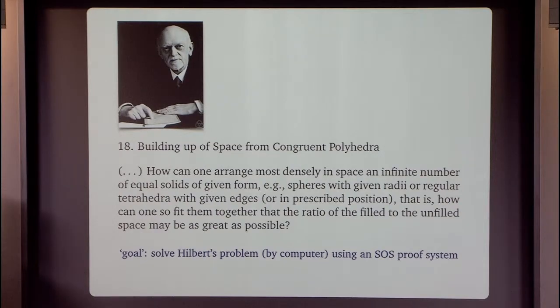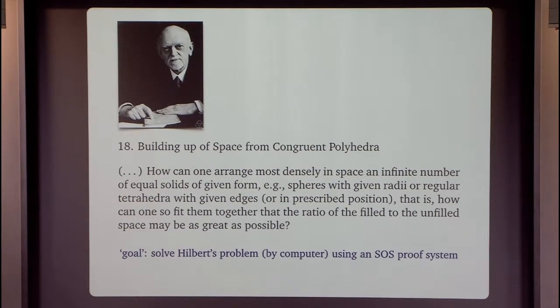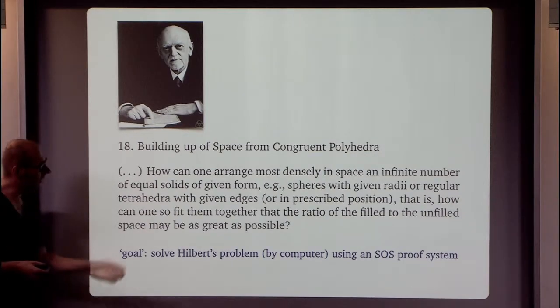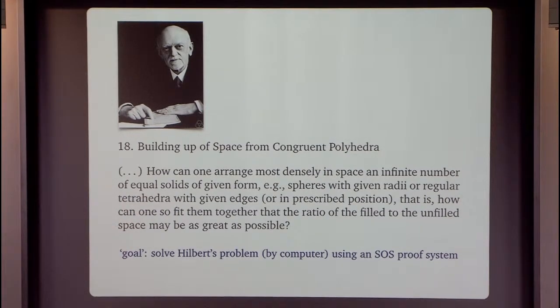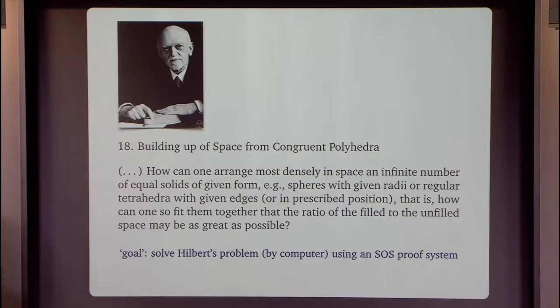I will show you that if there is a proof, you can find an SOS proof for proving optimality of these structures. I don't say how large a proof is, and I don't say how difficult it is to find, but at least there will be a proof. So the SOS proof systems are strong enough to solve Hilbert's problem for arbitrary convex bodies.